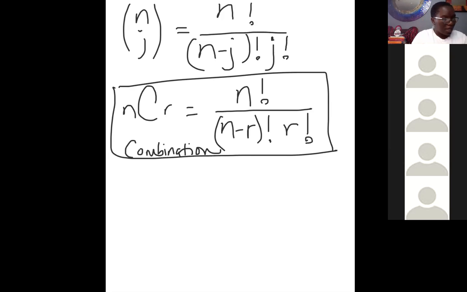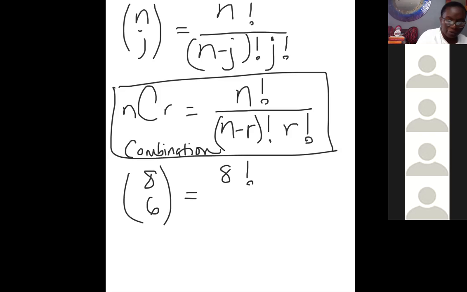Now let us practice, guys. Let's do an easy one: 8 choose 6, okay? And you need to simplify this. This stands for 8 factorial over 8 minus 6 factorial times 6 factorial.